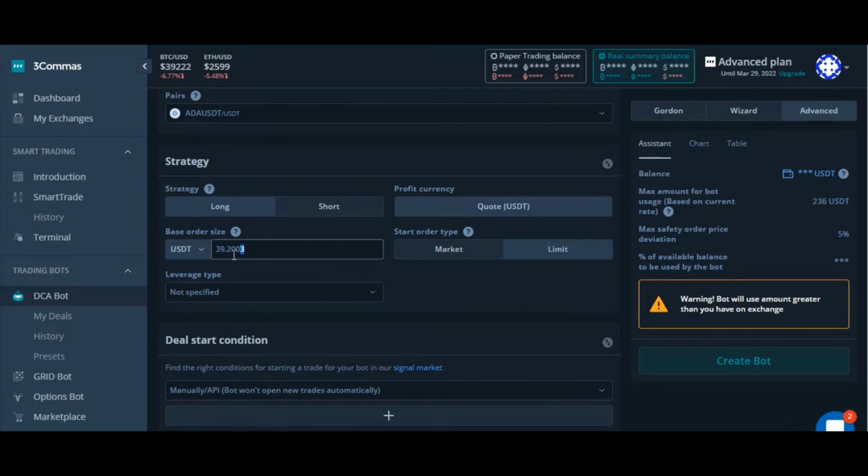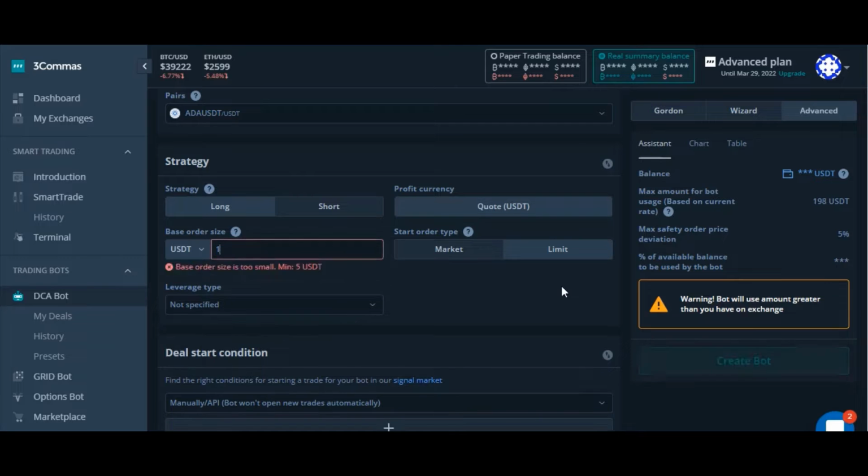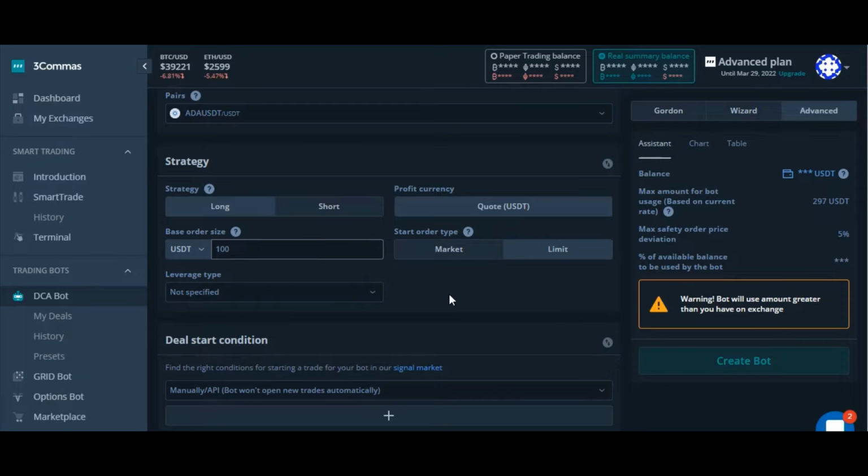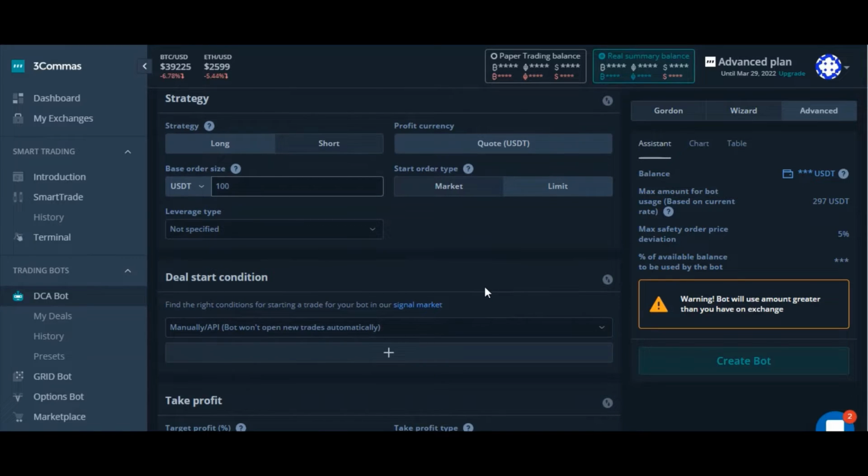And the base order size I'm going to put $100 because I'm going to use leverage here, so I can trade more than I have. Now I have only $137, but if I use leverage, I can do more trading than what I have. That is the purpose of using futures trading.